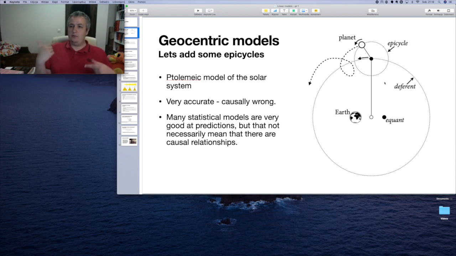And this adding of epicycles allowed you to compute values that are consistent with observations. So their models were causally wrong, but very accurate. They provided good predictions of where planets will be, consistent with previous data.